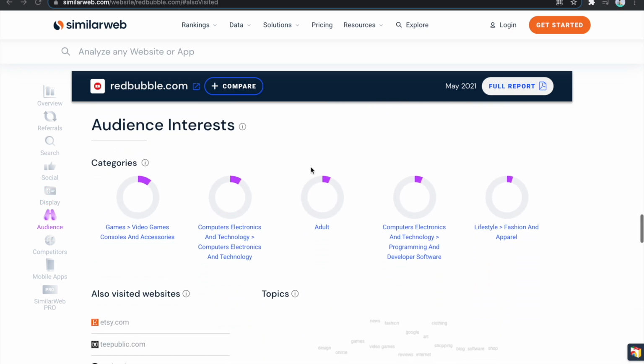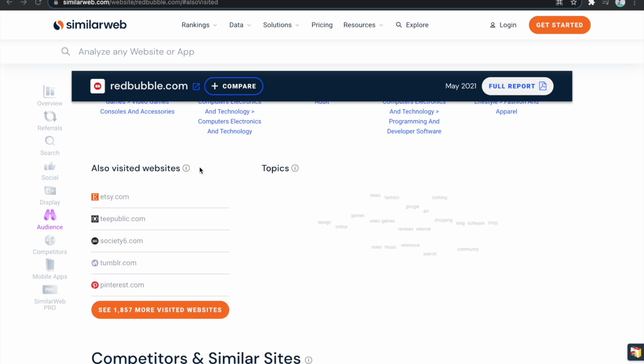You can also see here that the audience that was interested in Redbubble are also interested in these categories, as well as visited these websites. And this is a great place to find other websites like Redbubble. For example, you see Etsy, TeePublic, and Society6 listed here.